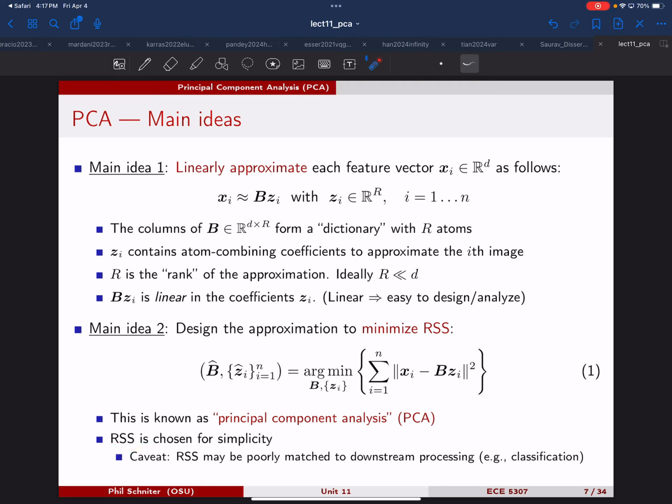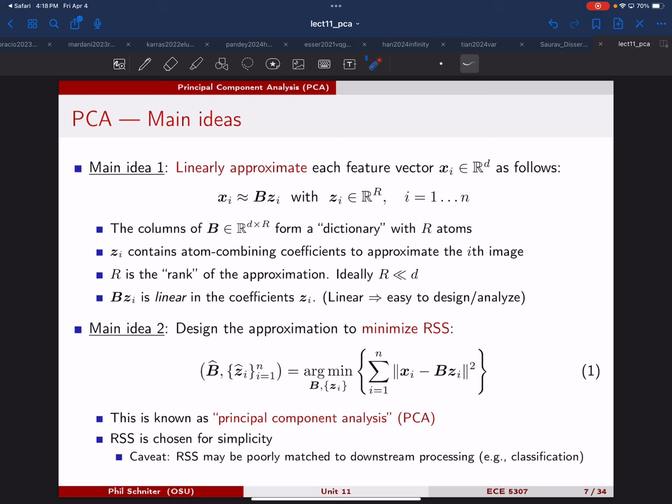It's not necessarily what you want to use in all cases, especially if you are doing this compression with the goal of taking the approximated features and doing something later with them, like classification. The information most useful to classification might be lost through this process. And I'll show you an example of that later.